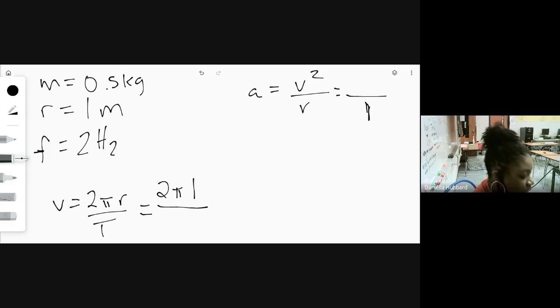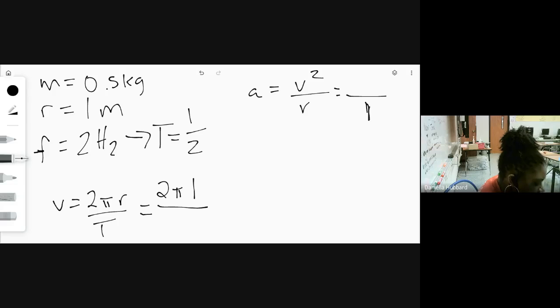So what we do know is that frequency and period are inversely related. So in other words, whatever I have for frequency, to make it my period, I just put that number under 1. Same thing, if I had a number for my period and I need to find frequency, I'll take that period number and put it under 1.